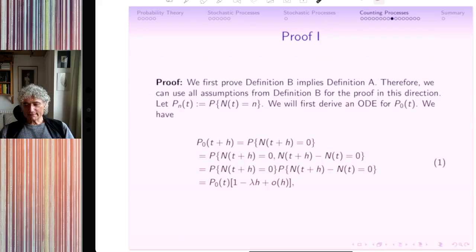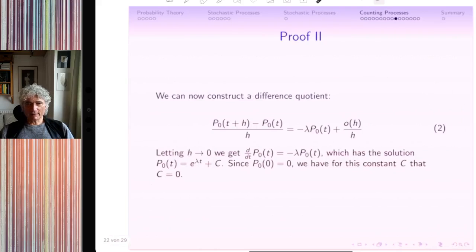So the idea is that we derive a difference quotient in that way, and you should be able to see that axiom 2 holds, so that this difference quotient is given by this formula.